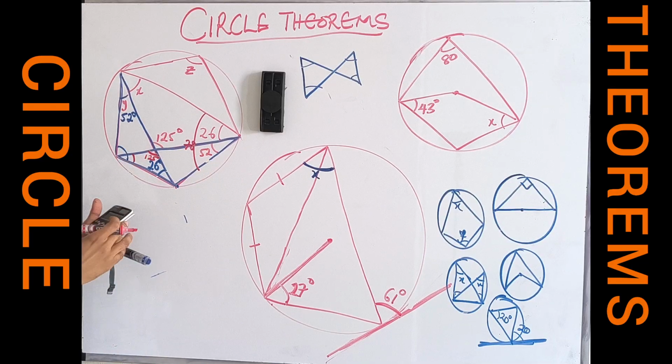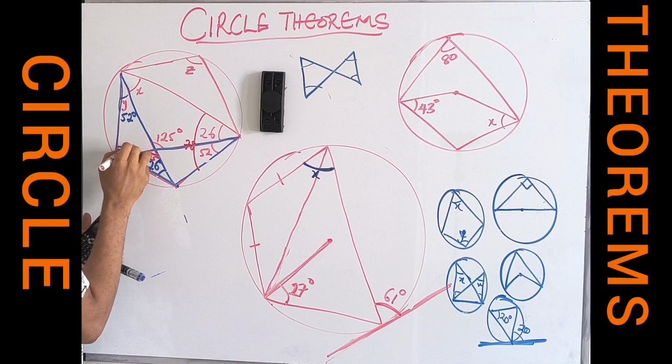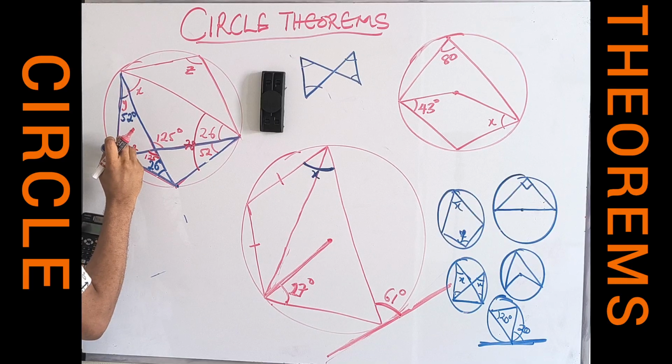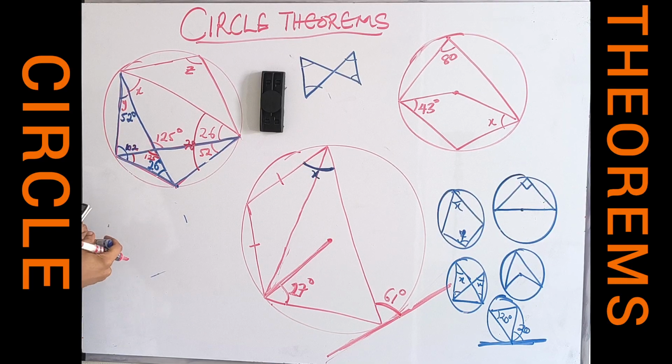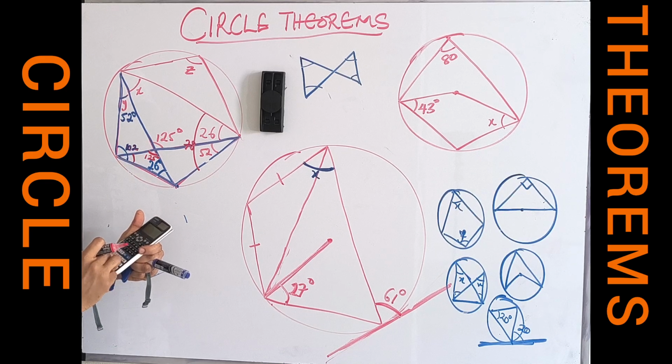So here will be 180 minus 78, which is 102. So this is 102. Everything is 102. Okay, now can I find here? Yes. I can find this small place to be 125 plus 26 minus 180.